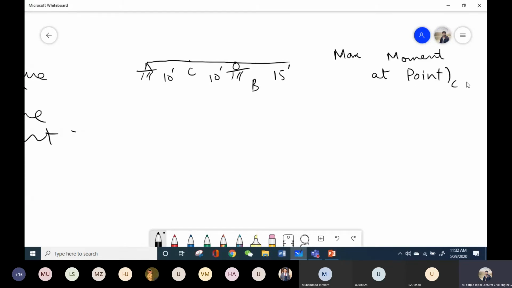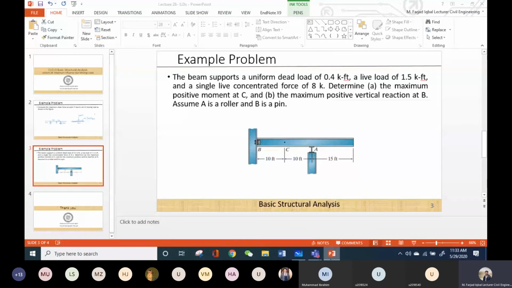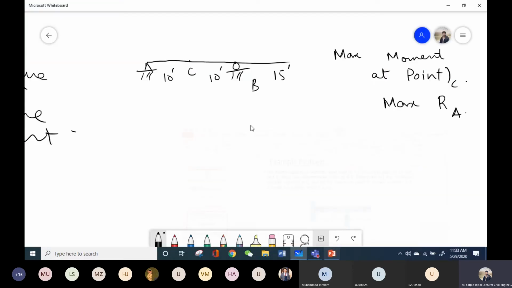And the second one is maximum reaction at support A, I believe. Let me check it. At B. Okay, yeah. At this left support, I can call it as A.